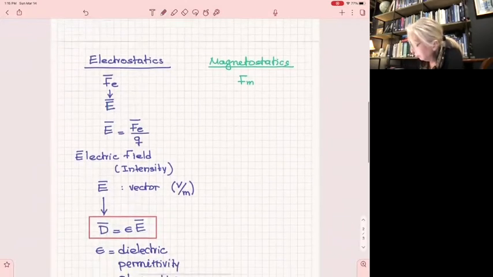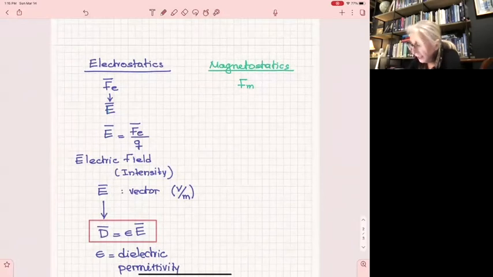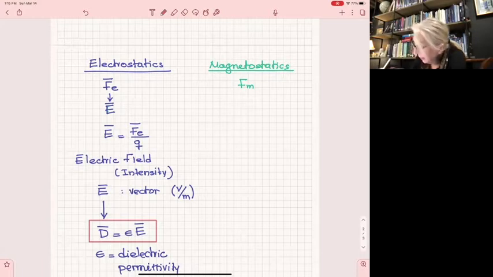Now I'm going to magnetostatics. In magnetostatics, we have F sub m. And from F sub m, we have now the entity that creates F sub m.